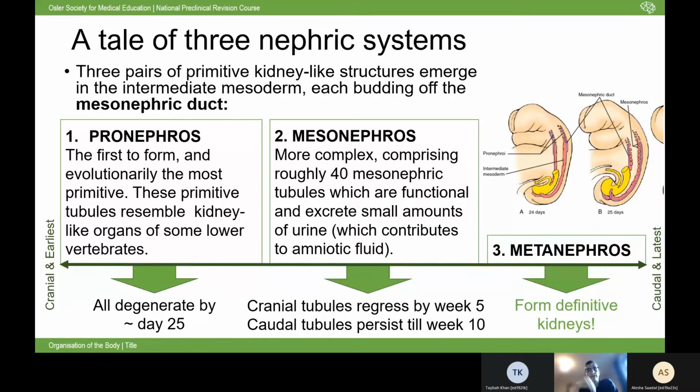You then get the mesonephros, which is more complex, and it's kind of some more developed tubules branching off the mesonephric duct. And these are actually functional, so they produce a small amount of urine which you excrete through the cloaca and which actually contributes to amniotic fluid.